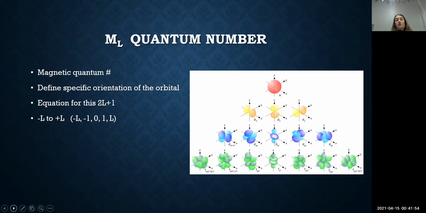So then we move on to the magnetic quantum number. And what the magnetic quantum number tells us is the specific orientation of the orbital. So if we look at this, we've got S, which has a straightforward orientation because if you just spin a sphere, it's just going to be the same orientation. So we only have one orbital then. But for the p orbitals, we will have 3 different orientations we can do on the x-axis, the z-axis, or the y-axis.